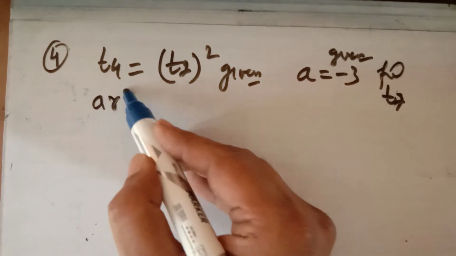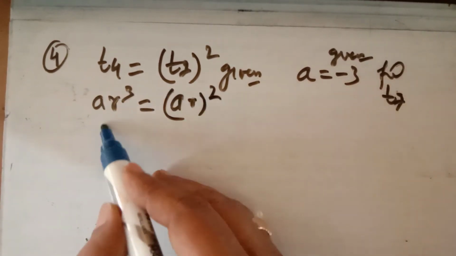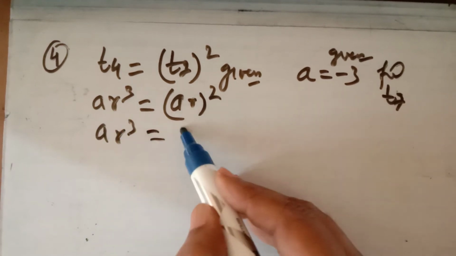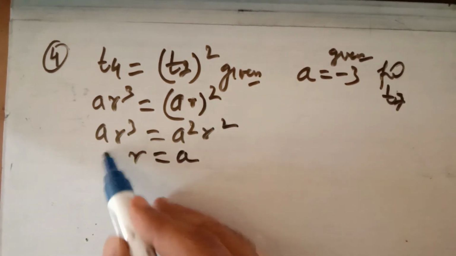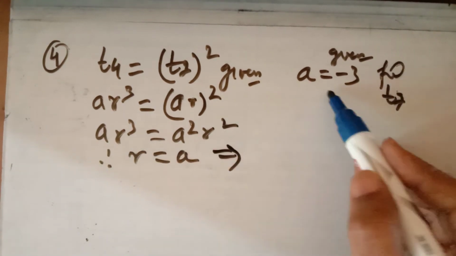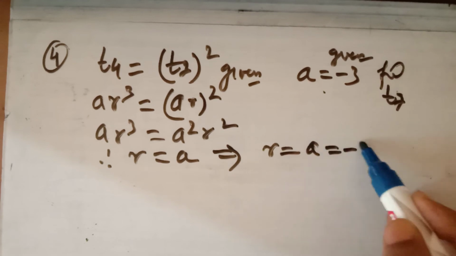So AR cube is the 4th term, and AR is the 2nd term. So AR cube is equal to A square R square. So it means R is equal to A. So it implies that because A is given as minus 3, therefore R is equal to A is equal to minus 3.